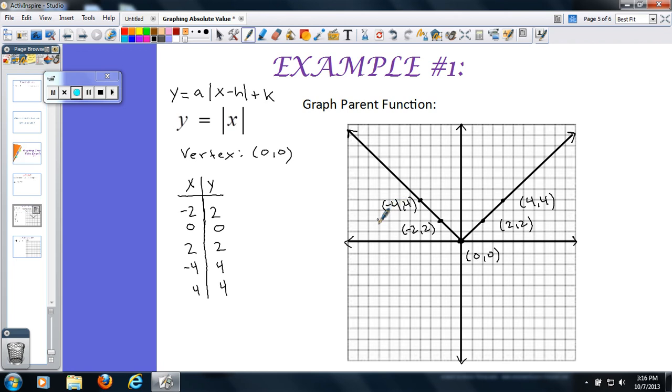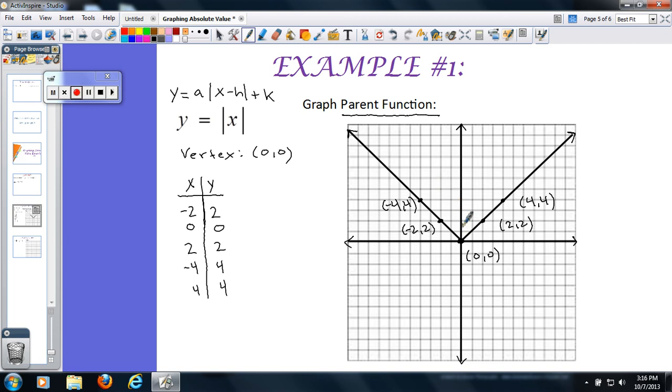Okay? Now, this is what we call the parent function, because this is what the functions start with. Everything we do, every one of the graphs that we do, will be based off of this right here.